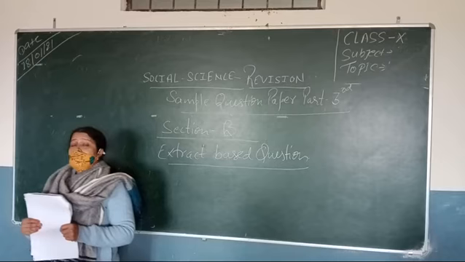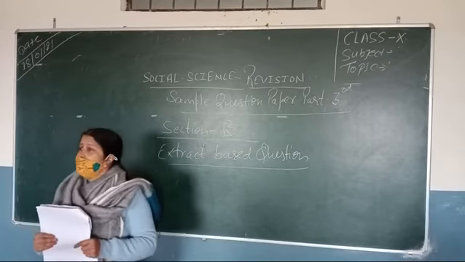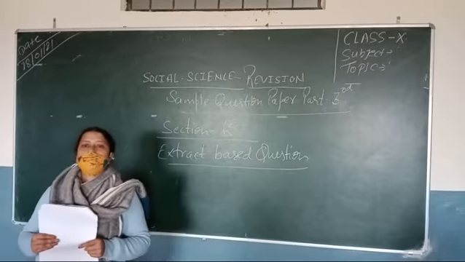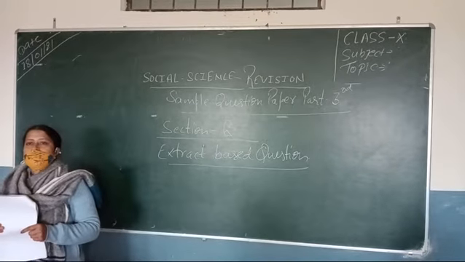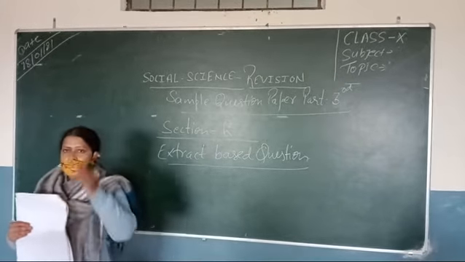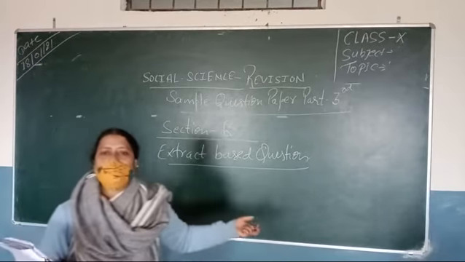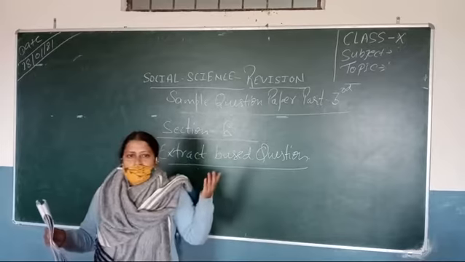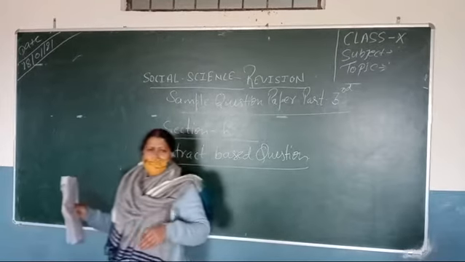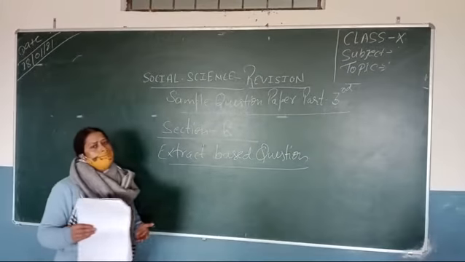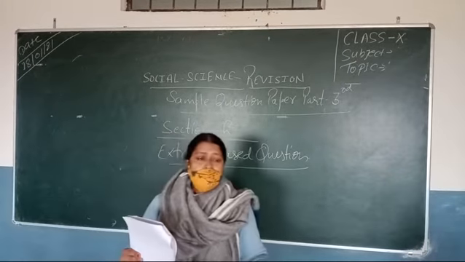And in history, which chapter? Nationalism in India. They have frankly spoken about the non-cooperation movement, which should be very much enough for you. This extract belongs to history, and the chapter is only Nationalism in India.